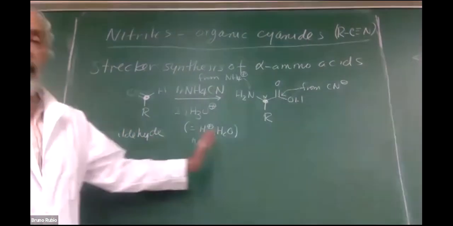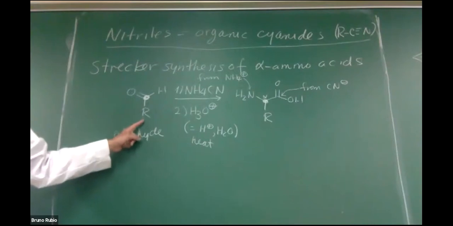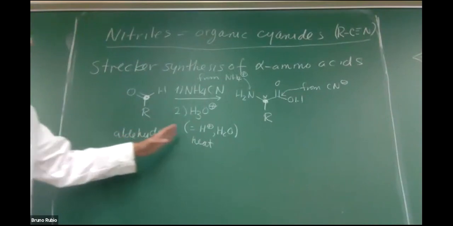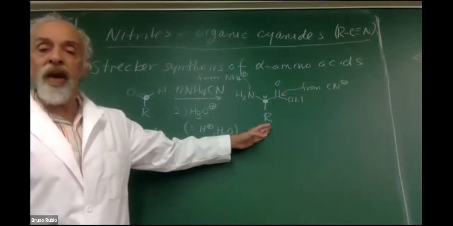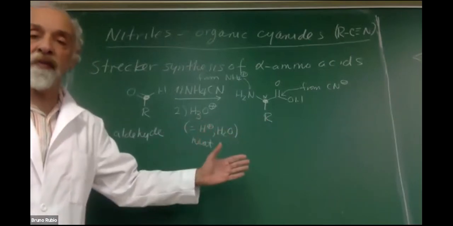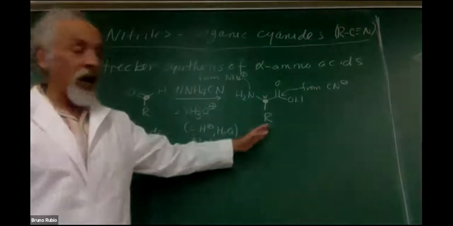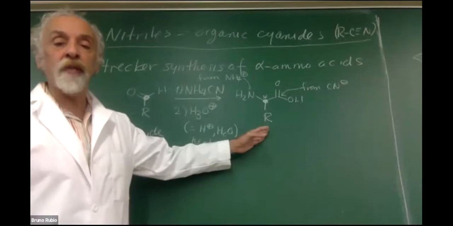Okay, so this is a laboratory synthesis of amino acids. Just by playing around with this R group, you can get a lot of amino acids, and you can even make amino acids that are not coded for by DNA, and there are plenty of those. And some of them have some very interesting properties.